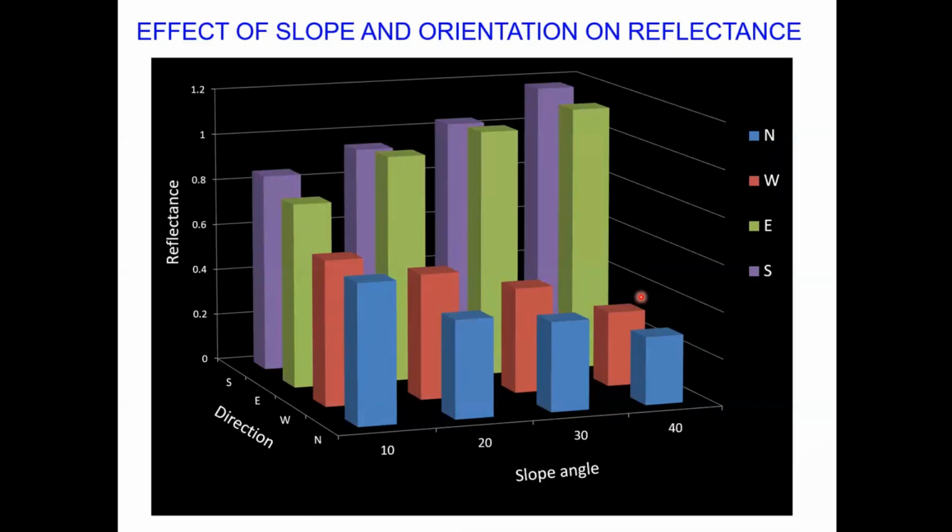So you need to correct it for local illumination angle. On top of that, we have seen two aspects. One aspect is path radiance. You need to correct for path radiance, and you need to correct for local illumination angle. So you have a complex work to do if you really want to get the true reflectance of snow.